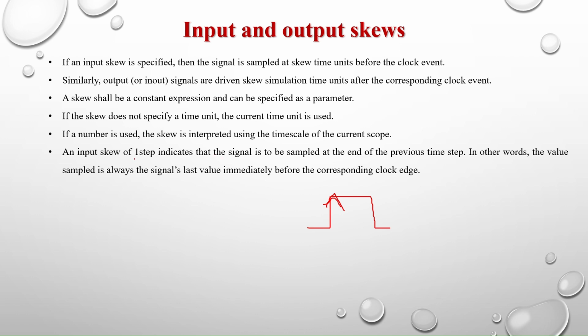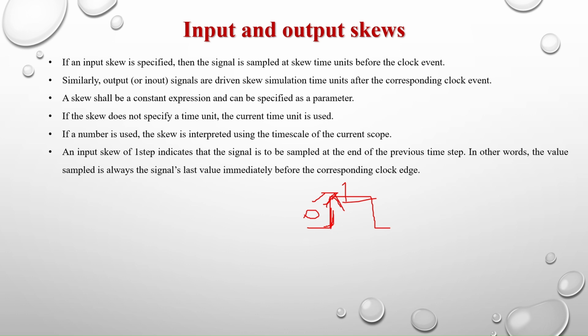But when you are taking input skew as one step, that means before changing, like the end of the previous time step. So before changing the value, for example when a 0 to 1 transition will happen, right? Posedge means before changing from 0 to 1 the signal will be sampled. You can't tell where exactly the signal will be sampled, but #1 step means the end of the previous time step. So exactly here only the signal will be sampled.